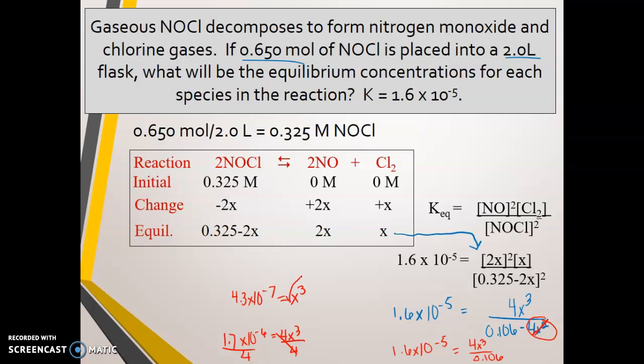And then take the cube root of both sides, and x is going to be equal to 0.0075, and then we can solve for our concentrations from there.